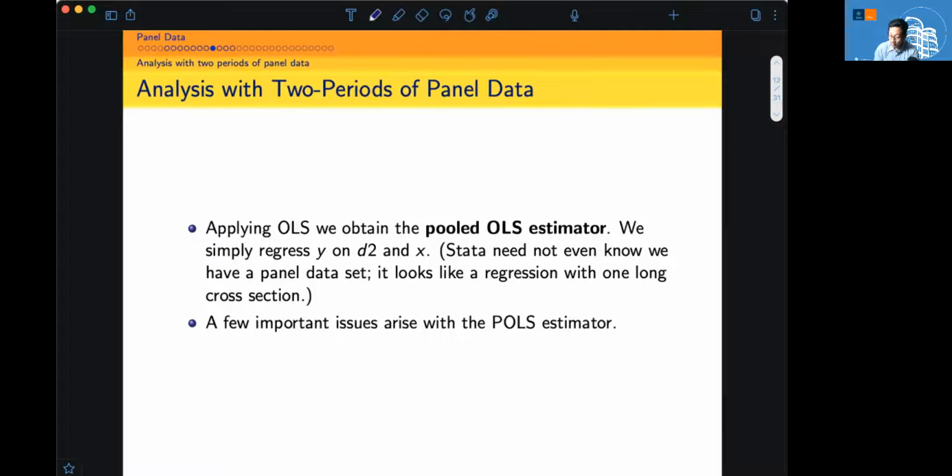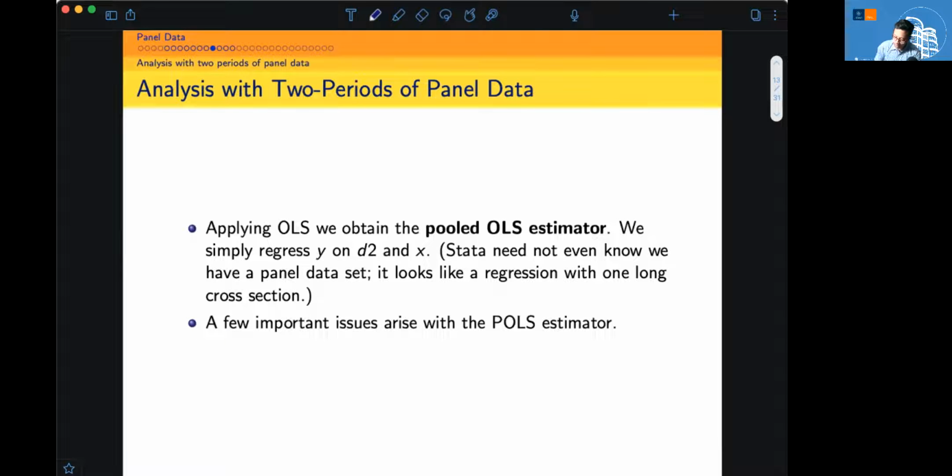Okay, again, we're going to discuss an example of this in Stata in a few moments, but bear with me for now. In this particular case, since we just regress y on the time dummy and then x, the statistical software doesn't acknowledge that it's actually a panel data set. It's just a regression with a relatively long cross section.